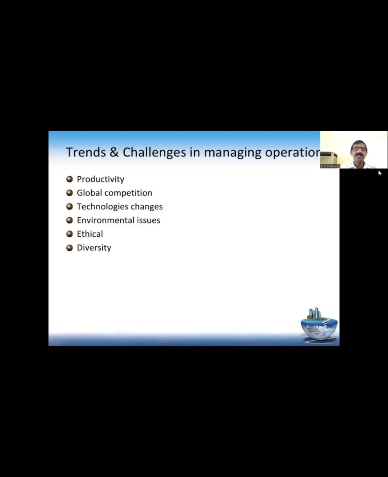So out of 6 kg of input by company C, they are getting 5.5 kg of output with minimum wastage. But company D, out of 6 kg of input, is getting only 5 kg of output. So company D is not effective in material utilization, or the material productivity of company D is not good.